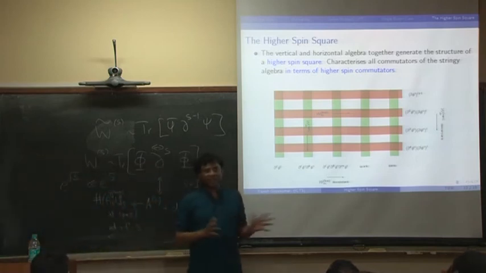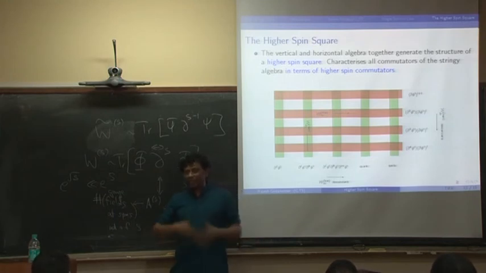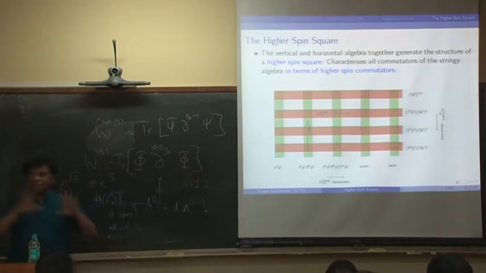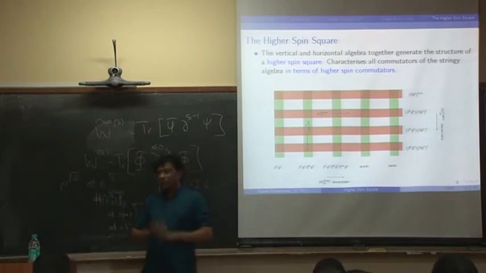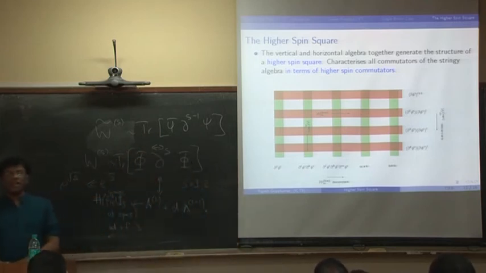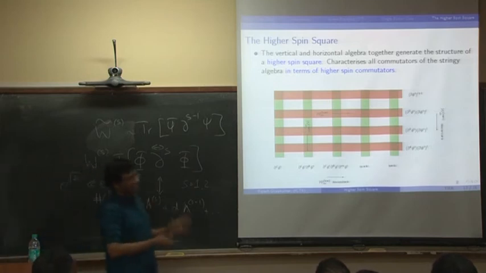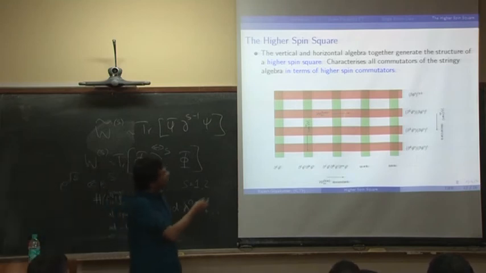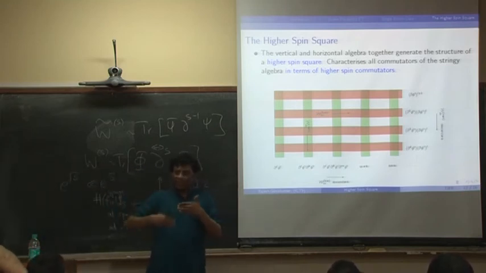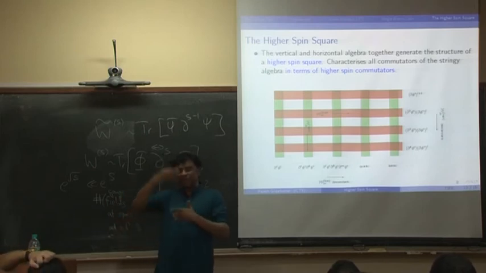So as I said, these two algebras, their structure constants completely determine the structure constants of this bigger algebra. And you don't need any additional information, and yet it's exponentially larger in rank. So it's an interesting way in which the representations of the algebra themselves become part of the Lie algebra.